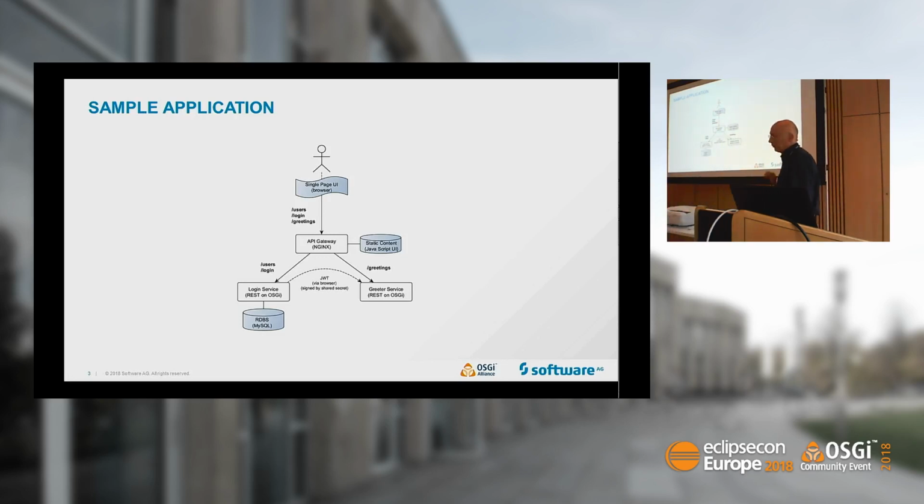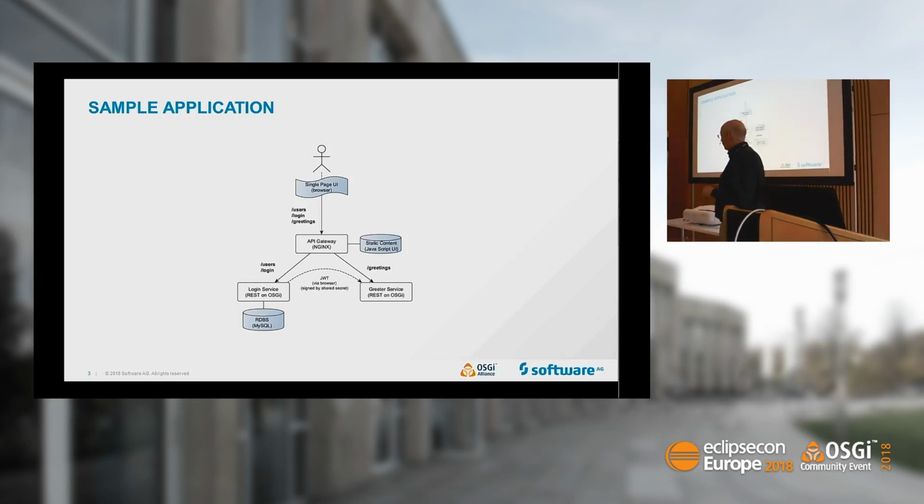So this is the kind of Hello World system that I want to show, which is trivial in the Hello World sense, but is not trivial in the sense that it really consists of various components that can run in different places. They do not have to, but they can. So the user has a very simple front end. That's just static HTML with a little JavaScript, but something running in the browser.